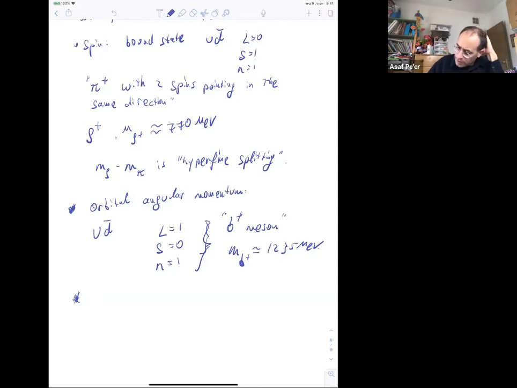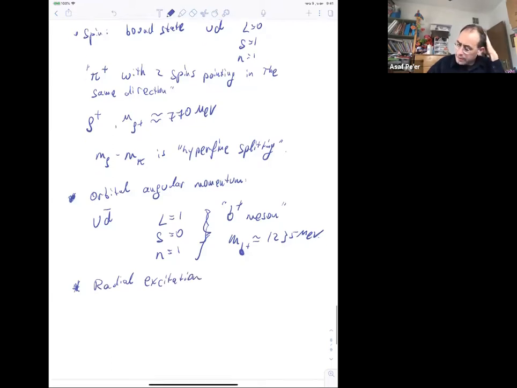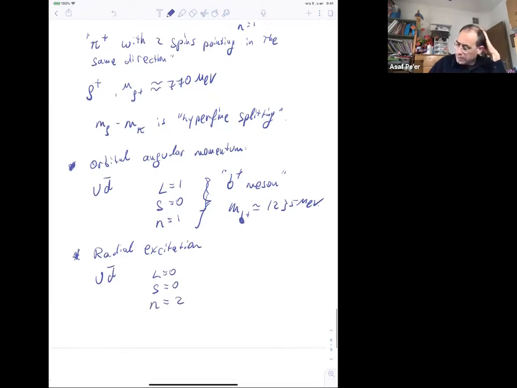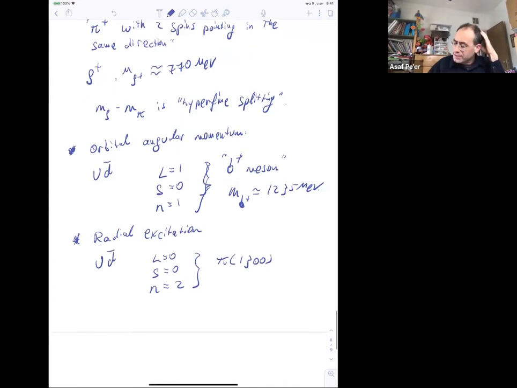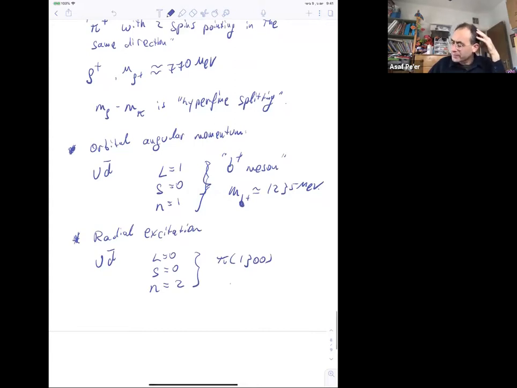And the last one that I wanted to mention here is the radial excitation. Right, so again, if we talk about the bound state of the U D bar, then we have L equal to 0, S equal to 0, but now N is equal to 2. And this has a name, it's called pi 1300. It won't surprise you to realize that the mass of this pion is 1300 MeV.